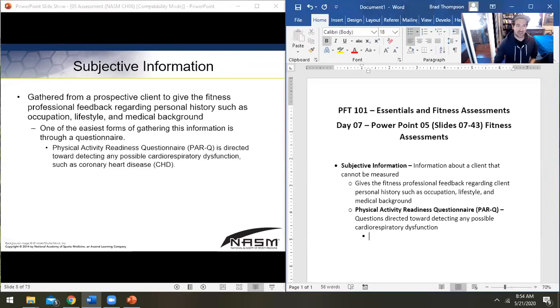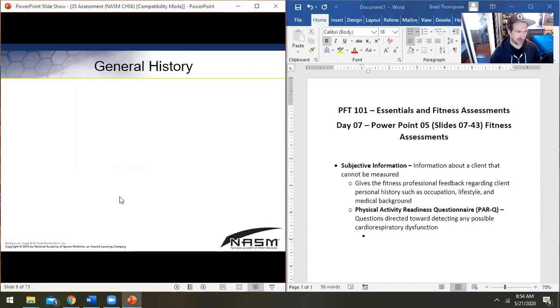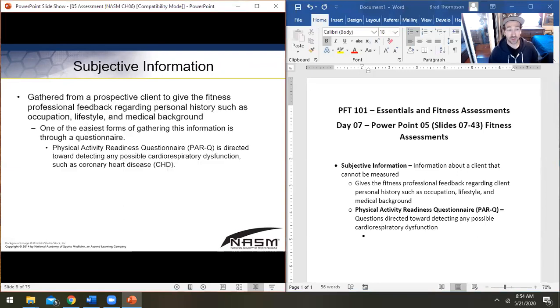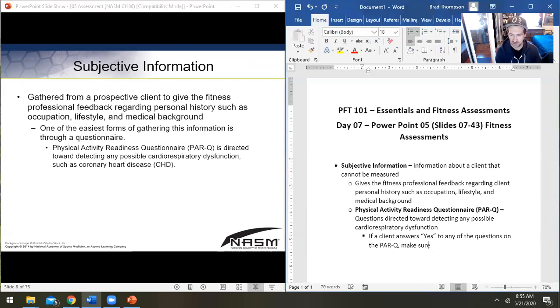So if your client answers yes to any of the questions on the PAR-Q, you want to make sure that you get doctor's clearance. You want to get medical clearance before you start training them. That's a really big important thing to remember.